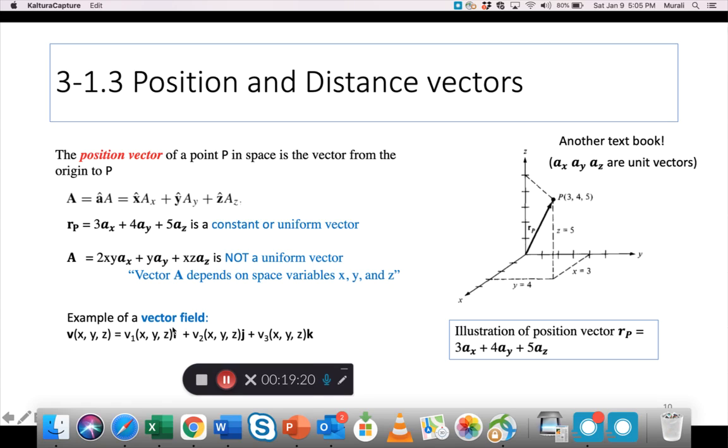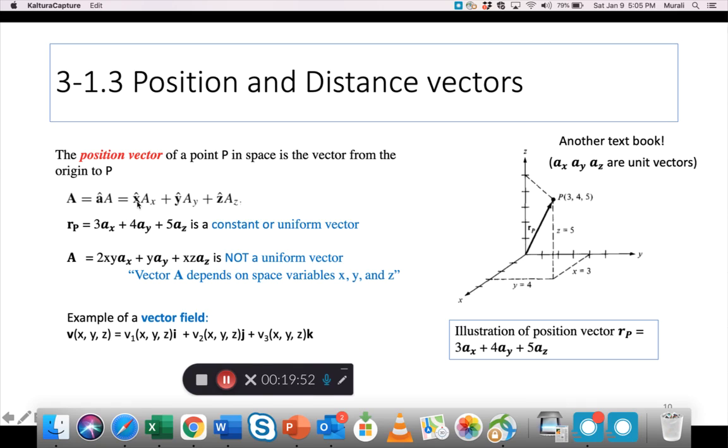So here's another definition I saw, which you probably should become familiar with: vector field. An example of a vector field is a vector in three variables x, y, z, and again, each of these coefficients is a function of x, y, z. Also note that it's written as i, j, k in this case, right? So you've already become familiar with three ways of writing the unit vectors.